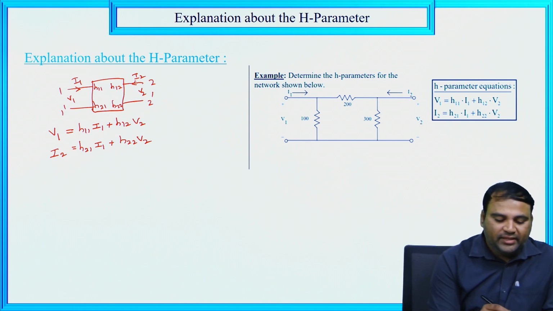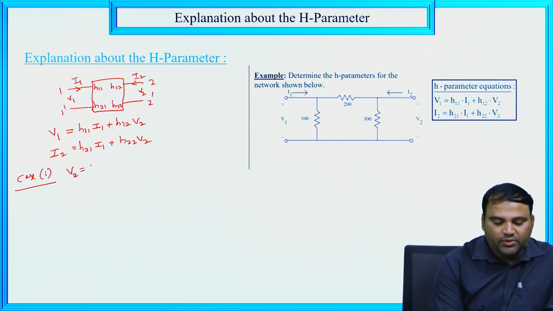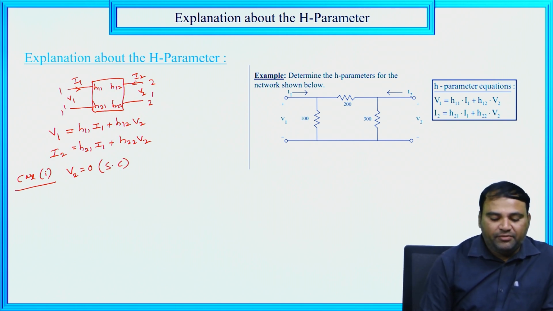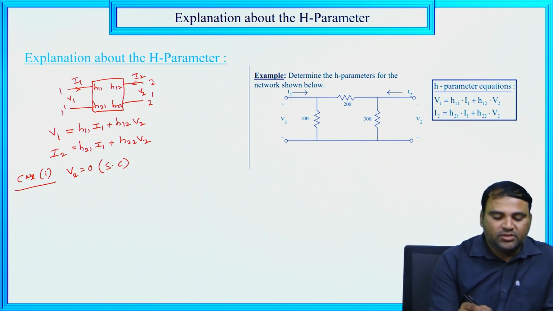Now I am taking the first case, in which V2 equals 0. V2 equal to 0 means we have to short circuit the secondary voltage, right? If you short circuit the secondary voltage, V2 equals 0. Substitute V2 equal to 0 in these two equations.